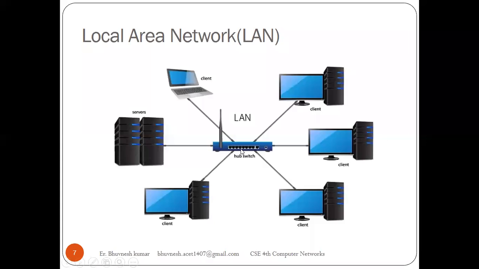If there are 5 ports, we can connect 5 PCs. If there are 4 ports, we can connect 4 PCs. The range is limited. A hub has a maximum of 7 to 8 ports, but a switch has more than 20 ports in a single switch.